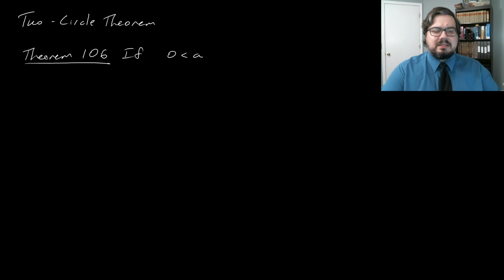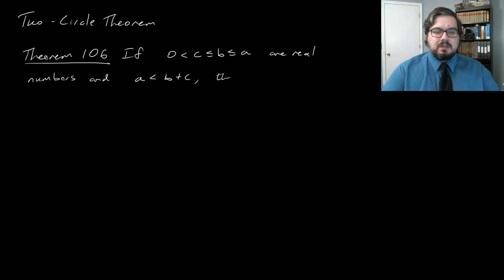So if 0 is less than C, which is less than or equal to B, which is less than or equal to A, are real numbers, and we have that A is less than B plus C, then there is a triangle with side lengths A, B, and C.